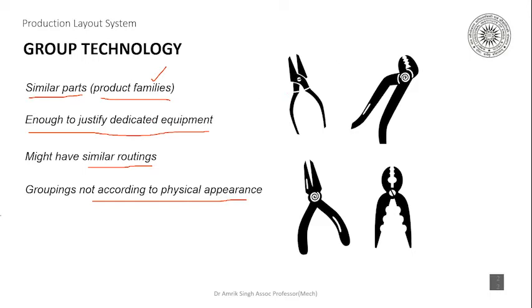They might have similar routings, but you see there are some specialized features given in each one of them. Here also, here also, here also. Although by appearance they can be grouped, that is not the only thing. They have to be grouped according to all the features.